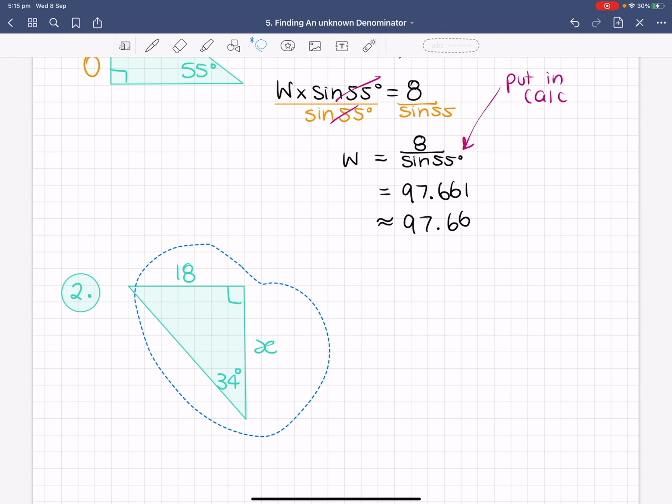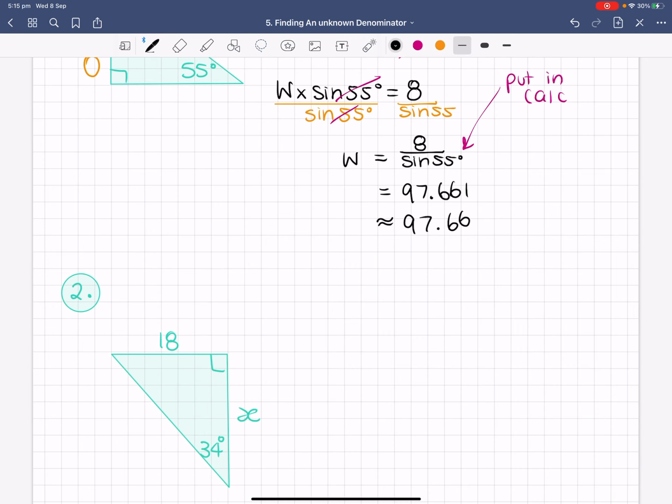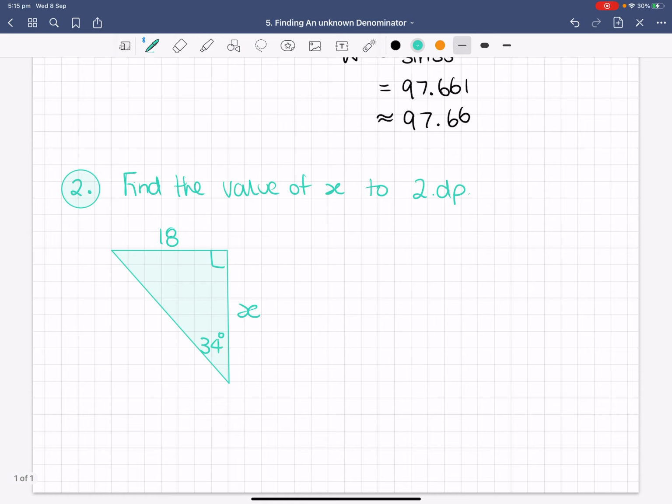Okay, question 2. Oops, I forgot to actually write it. Pretty much we're just finding x, and we'll go to 2 decimal places again. So again, we're looking at our triangle. We've got our angle here.